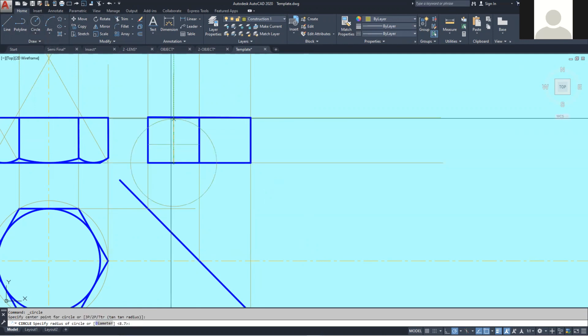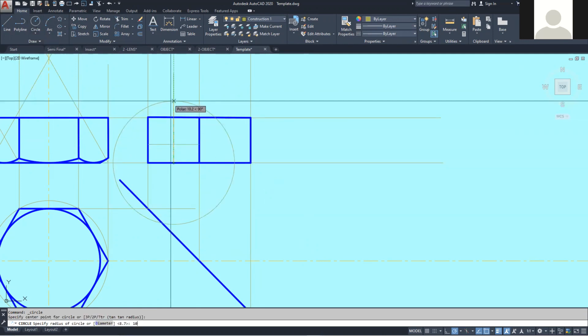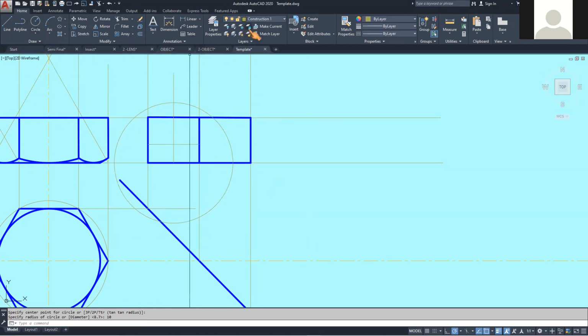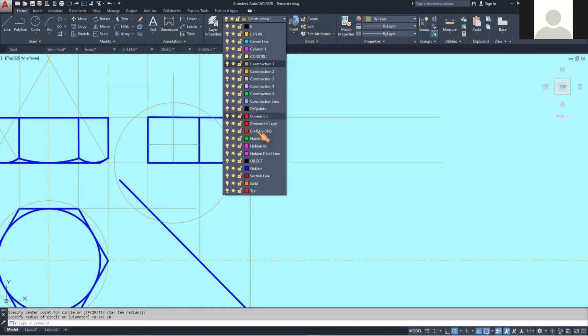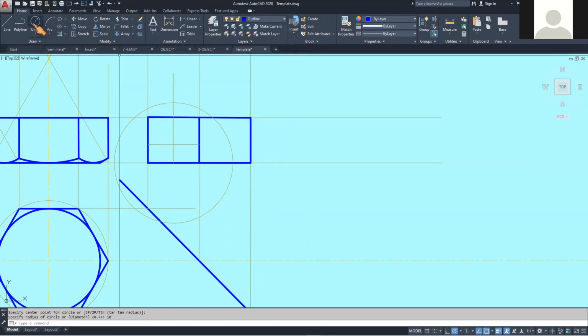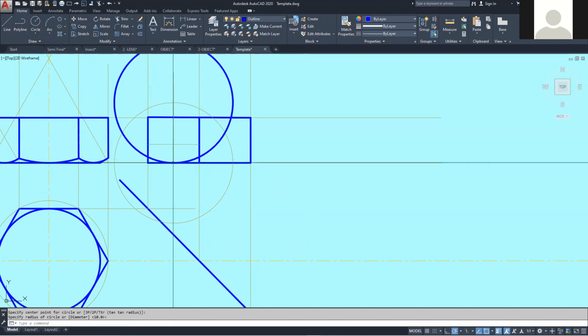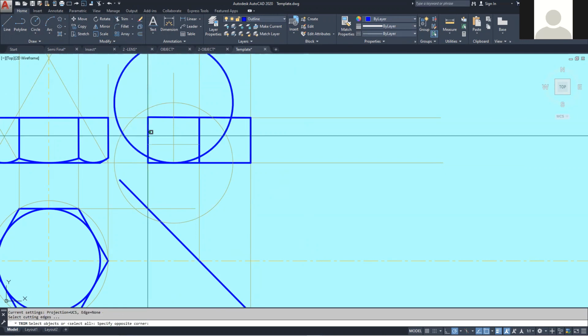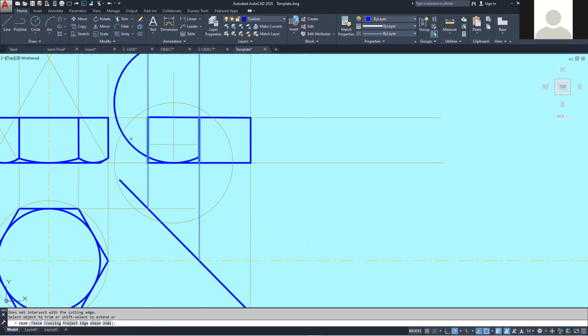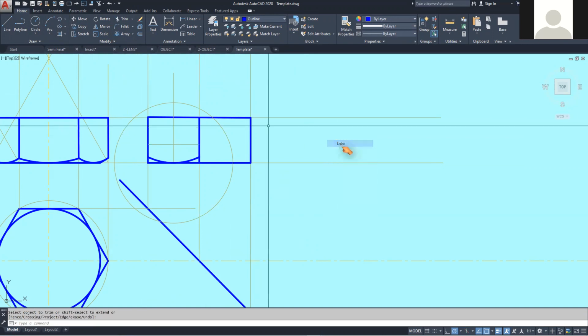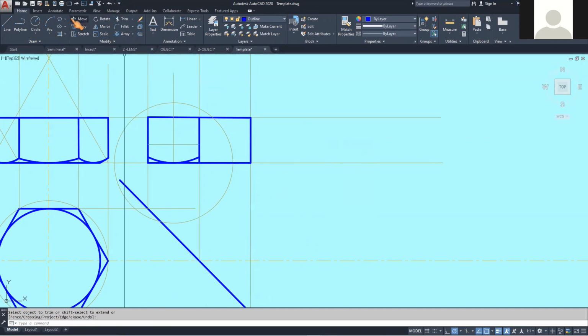You see as the center, radius 10. Right, now you can draw a circle, same 10 from this point here. And that would be your curve on the end view. And again, you could just mirror the stuff and you're good to go.